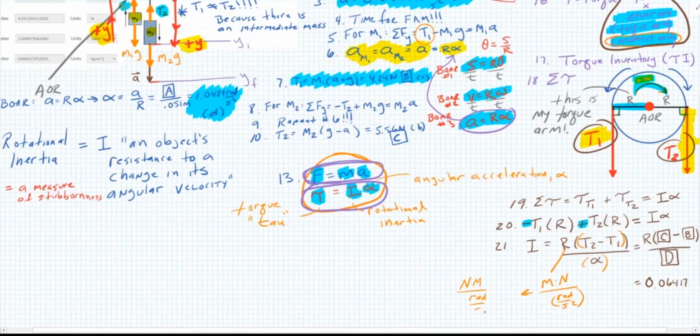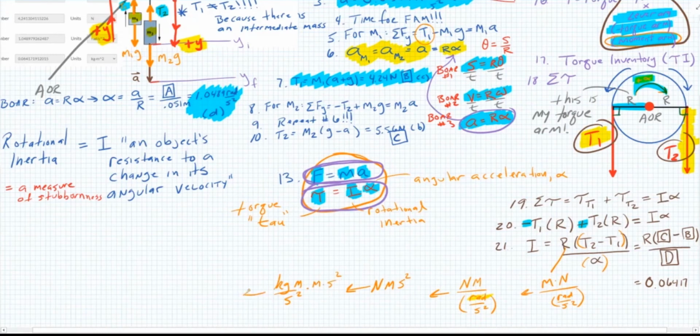Now here's the secret. Remember, technically speaking, radian is not a unit. I'm just using it as a placeholder. So the question becomes, what is a newton meter times second squared? A newton is a kilogram meter per second squared, times a meter, times a second squared.